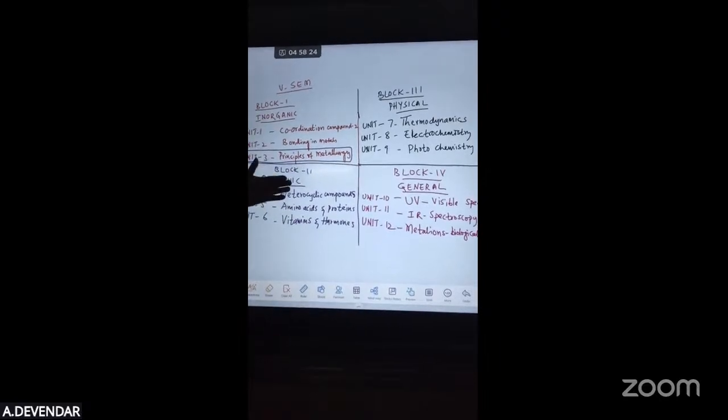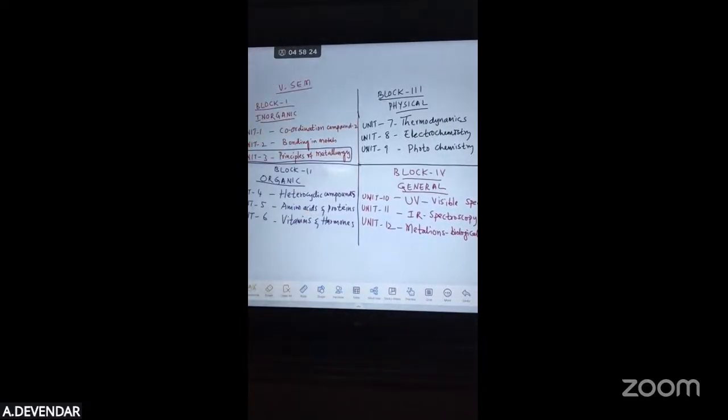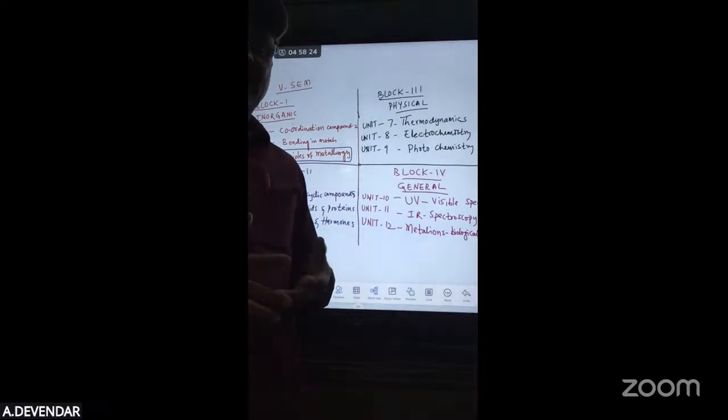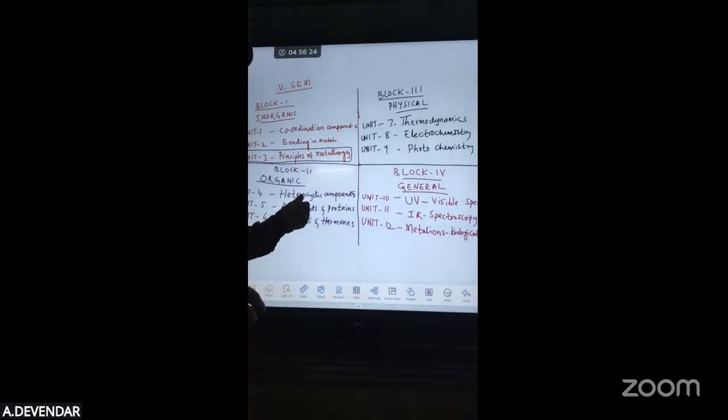Now coming to the organic part, heterocyclic compounds. Up to now we had aromatic hydrocarbons, and next is heterocycles, meaning other elements like nitrogen, oxygen, sulfur will be there in the ring, that are called heteroatoms. Homo means same atoms. Hetero means dissimilar atoms are present in the cyclic form. Those are called heterocyclic compounds.